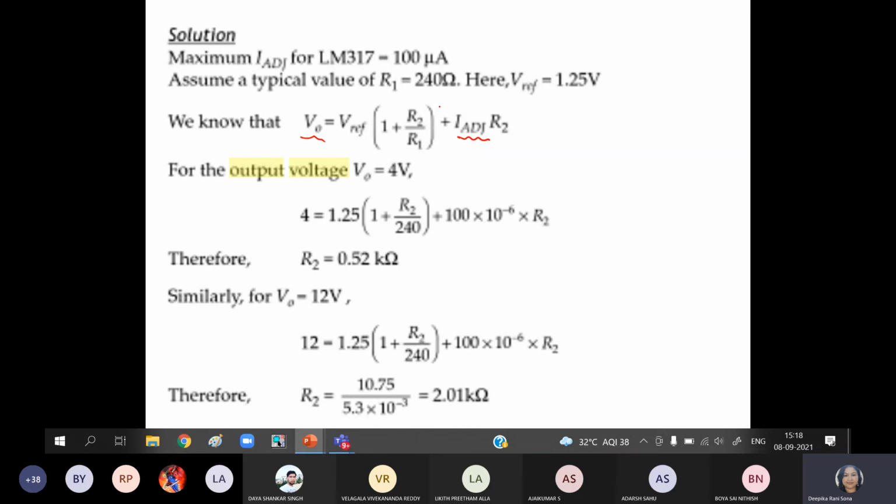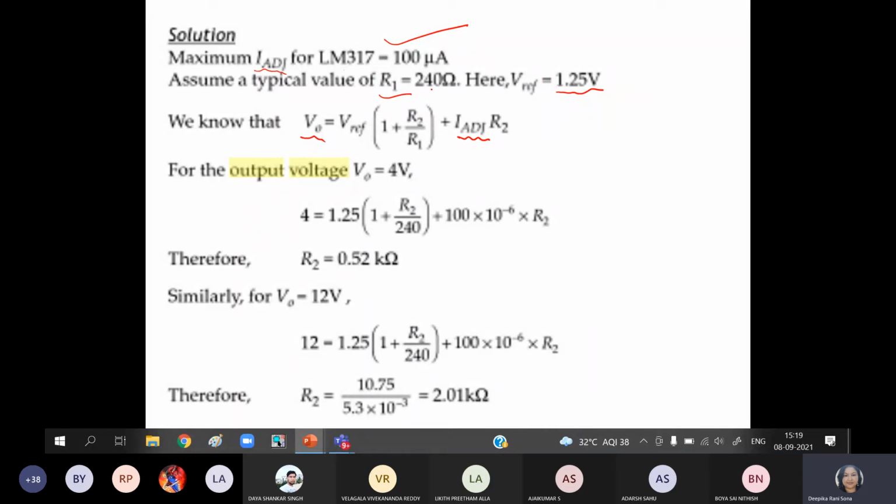Some data sheet values will be provided to you. If not, just remember the maximum adjustable current for LM317 is 100 microampere. Typical assumption for R1 is 240 ohm, and V reference is a fixed 1.25 volt for LM317.